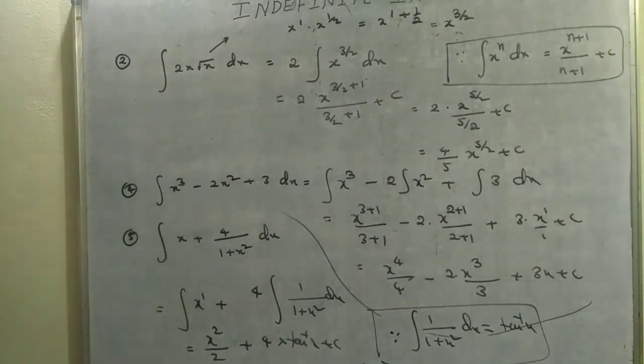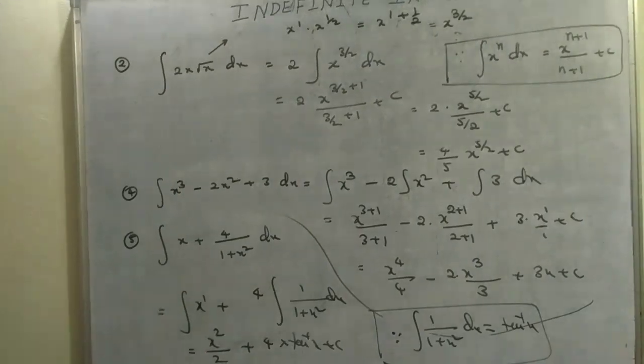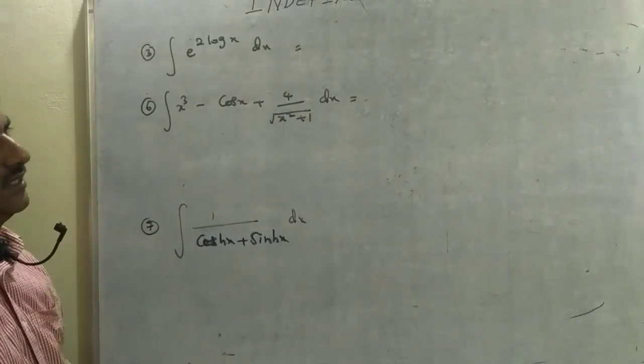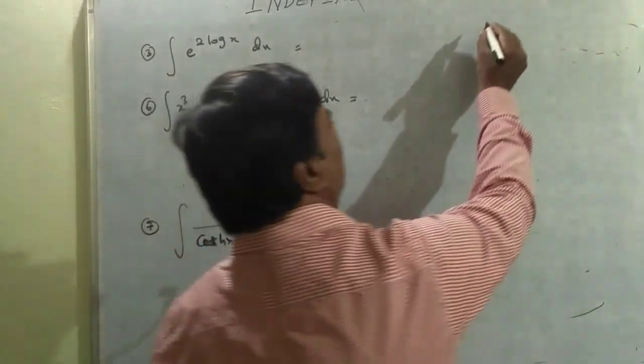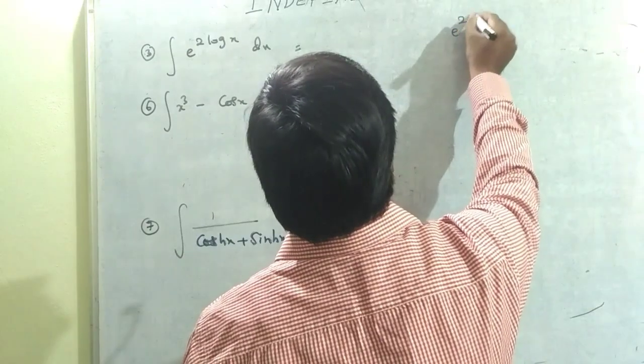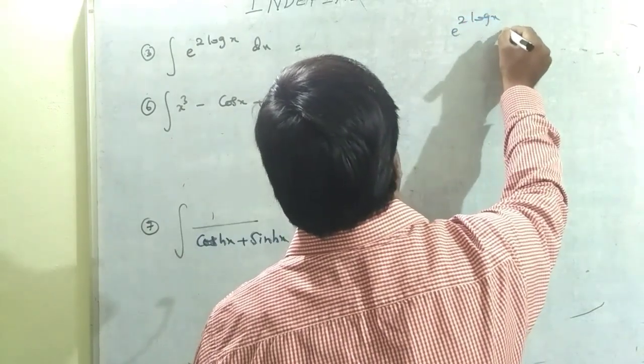This is the integral of e to the power of 2 log x dx. To solve this, first consider e to the power of 2 log x and simplify it.